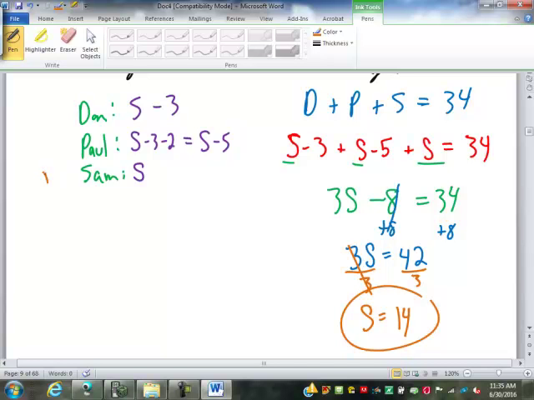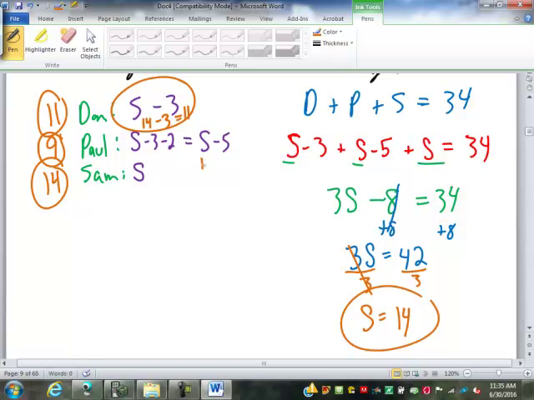Sam is 14. Good. How old is Don? 11. Good. S minus 3 becomes 14 minus 3, which is 11. And how about Paul? He's 9. Good. S minus 5 is 14 minus 5, which is 9. Or you could have done 11 minus 2 because he's 2 years younger than Don.